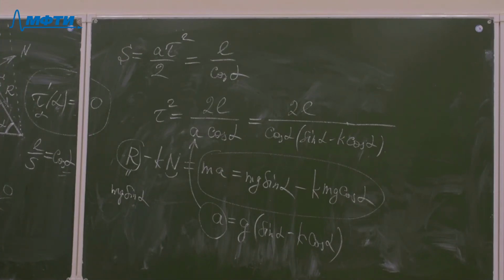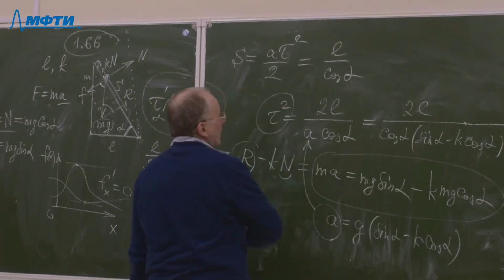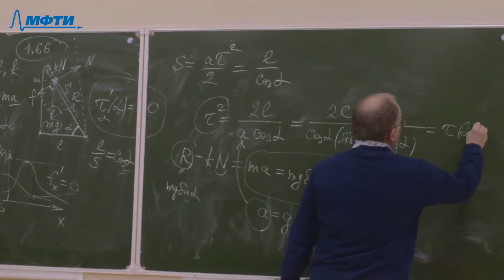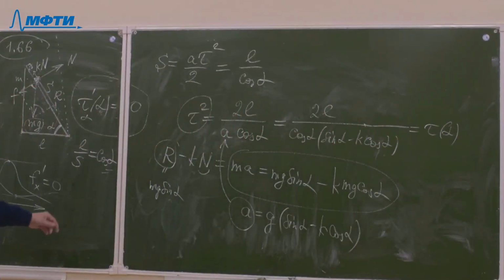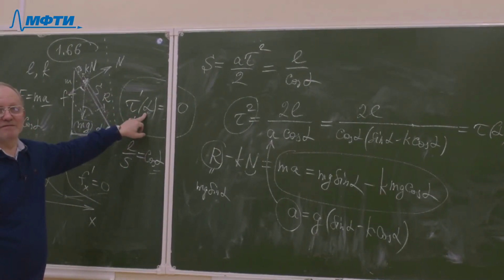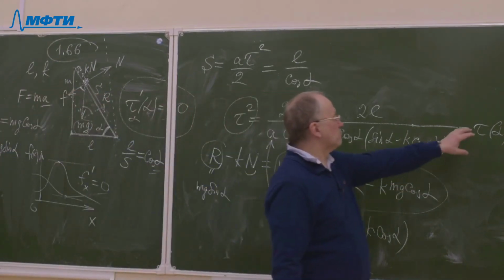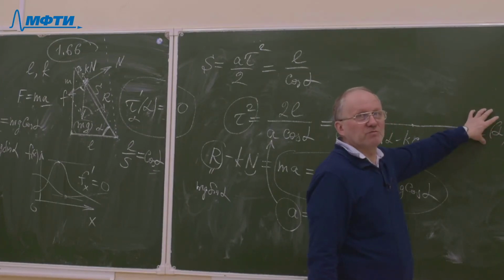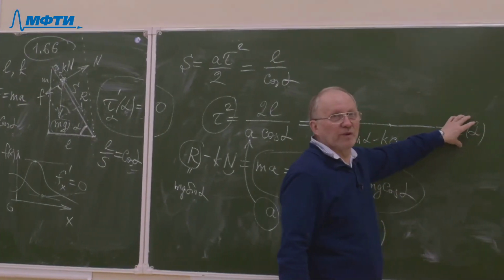I have carried out all these calculations in order to obtain the function of tau versus alpha. This is the function of tau as a function of alpha. I need it because my plan is to take a derivative of tau with respect to alpha. So I need to find the minimum possible value for tau. That is the time of sliding. I need to find the minimum.